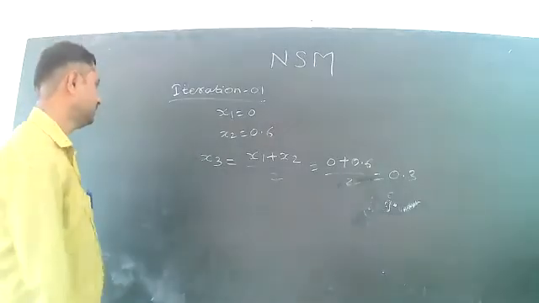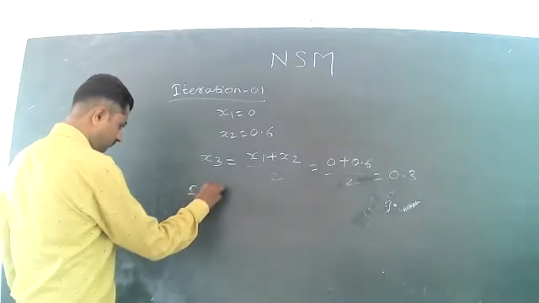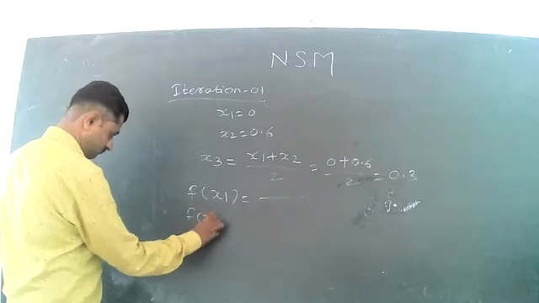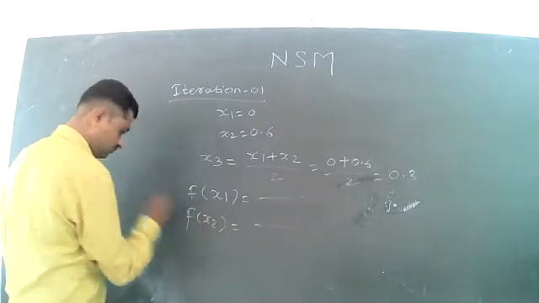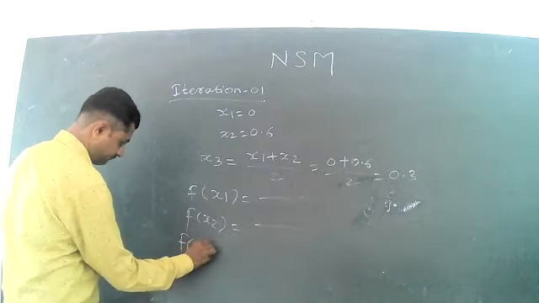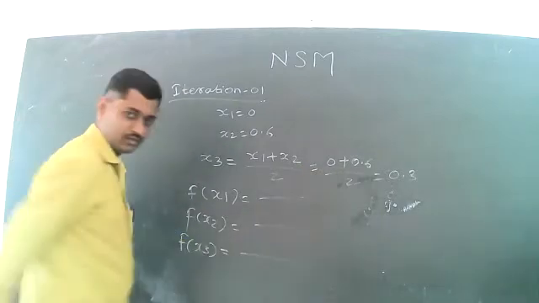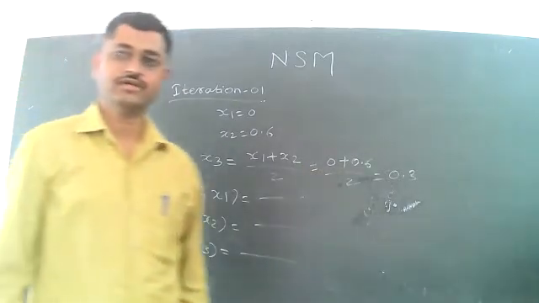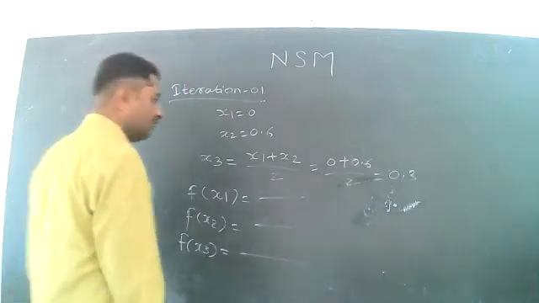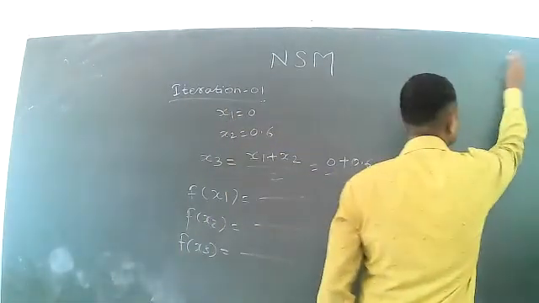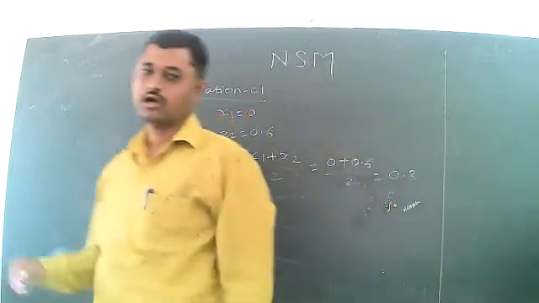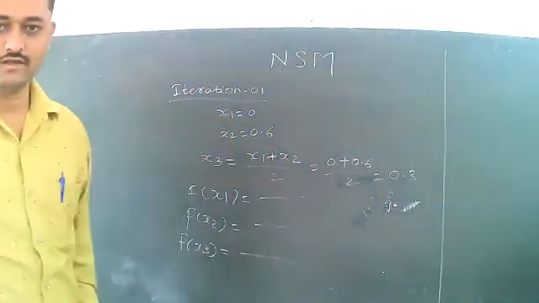Next, find f of x1, f of x2, and f of x3, and check their signs. For the next iteration, we again require x1 and x2.